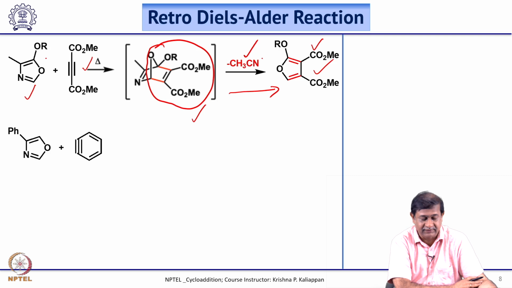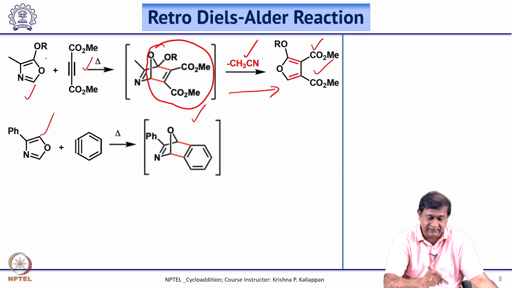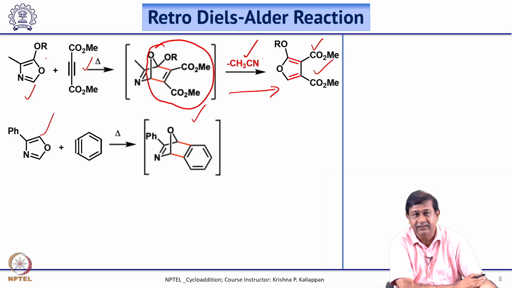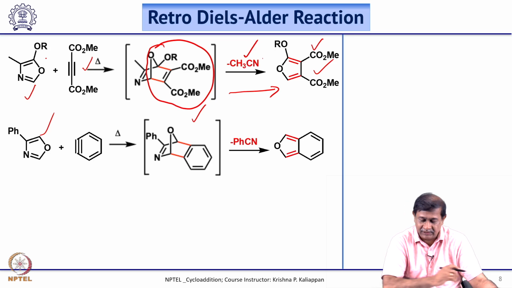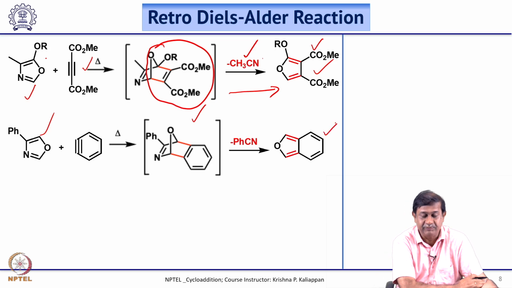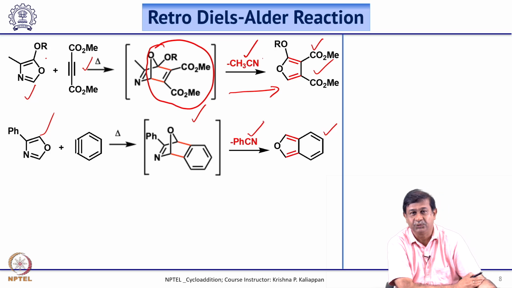Likewise, you take a similar substrate and then treat with benzonitrile. So, what you will get is this intermediate. Now, again upon further heating, this can undergo a retro 4+2 cycloaddition to form isobenzofuran, and the other component, that is the 2-pi component, is benzonitrile.